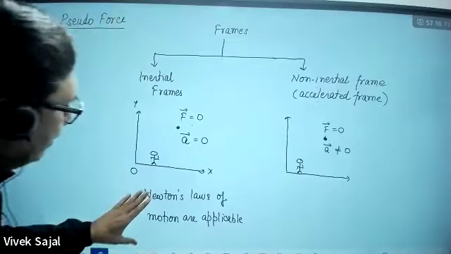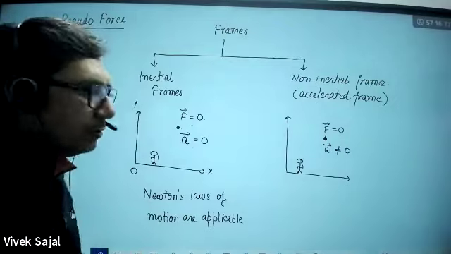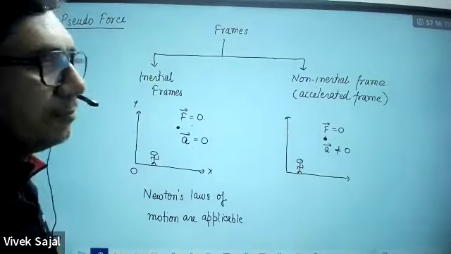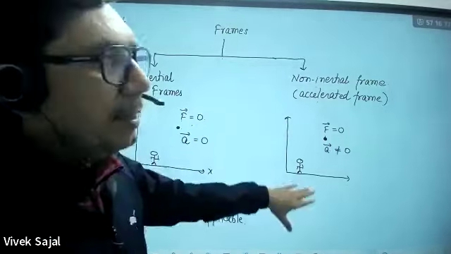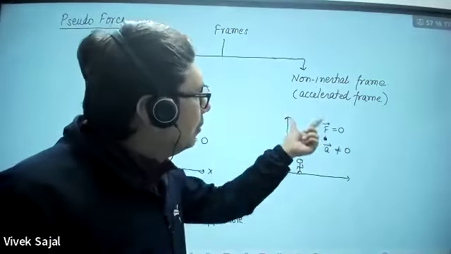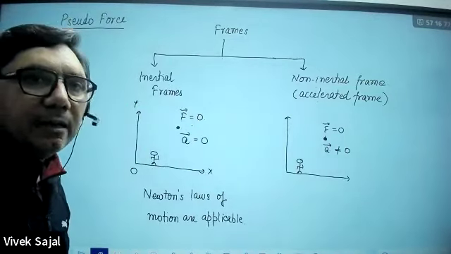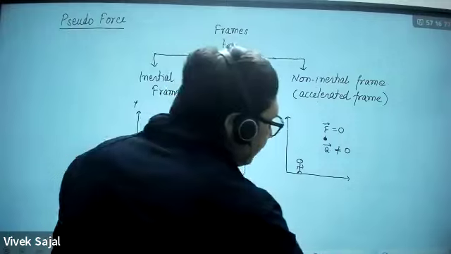So basically, when you are solving a problem and you are using Newton's laws of motion, then you need inertial frames. Here I cannot apply Newton's laws of motion. Okay, this is one thing. Now I will try to explain non-inertial frames with the help of examples.